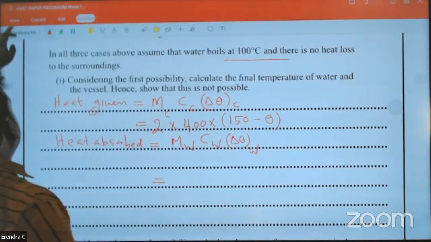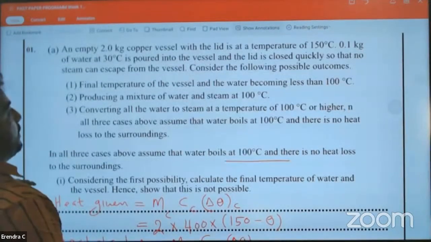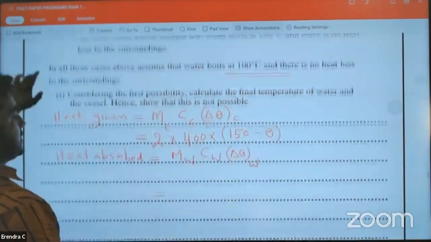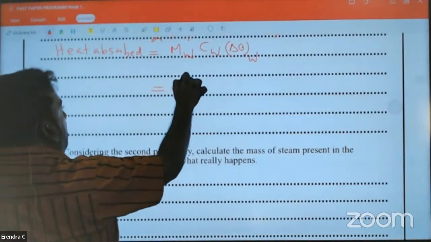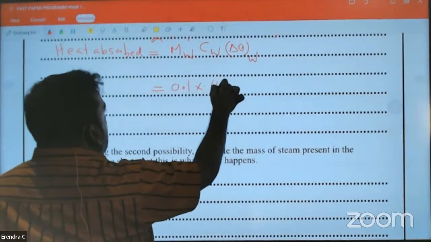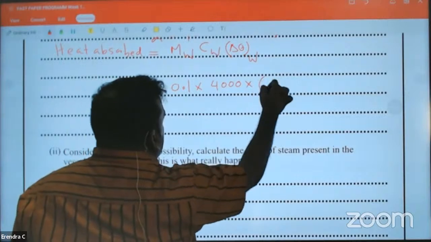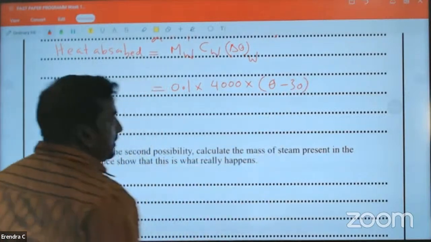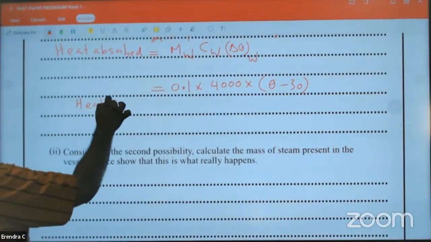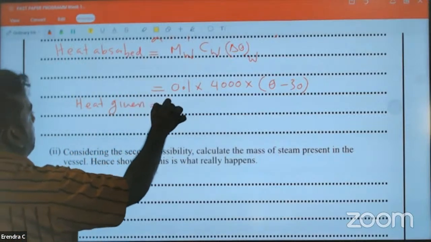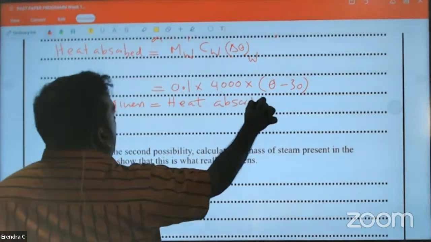What is the mass of water? Mass of water is 0.1 kilogram, at 30 degrees Celsius. 0.1 kilogram, specific heat capacity 4000. From 30 degrees Celsius the temperature is increasing, theta minus 30. No heat loss to the surroundings. Heat given equals heat absorbed.